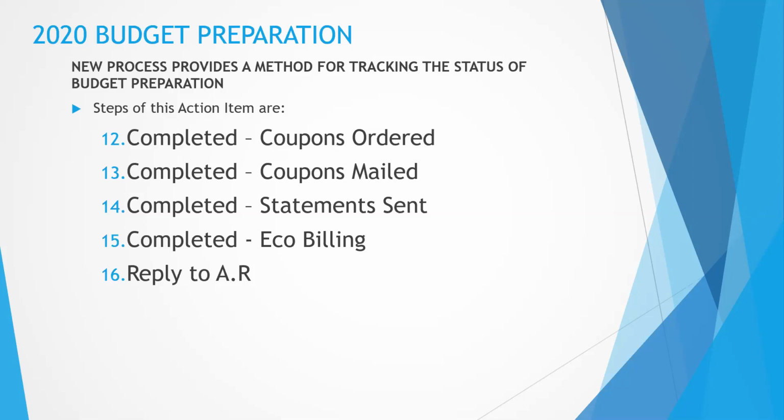The action item is at the association level. Regional managers will have the ability to pull reports and to see where we are in the process. Transparency between the manager and our AR billing specialist to know what's happened so far, if we're waiting on coupons from South Data.